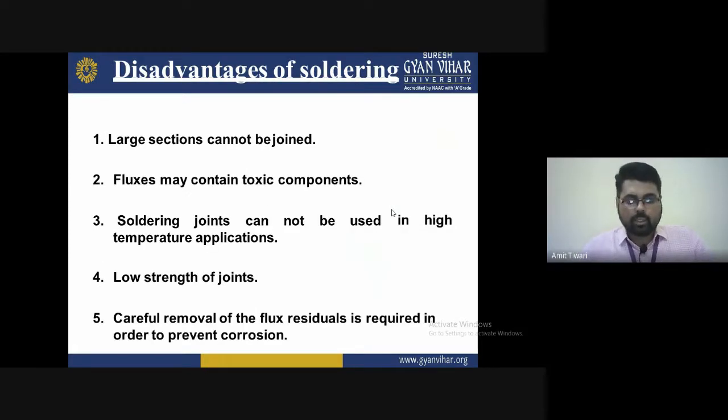There are also disadvantages. First, larger sections cannot be joined. It is used only for small sections.